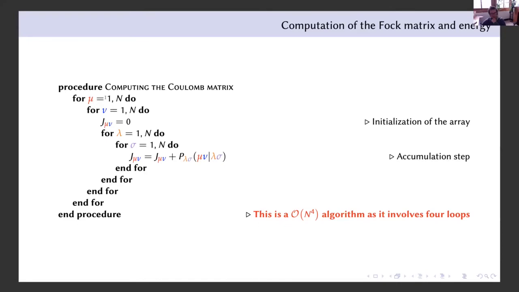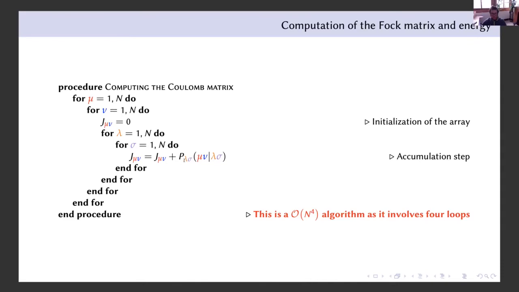So I'm going to do 4 loops. I'm not going to forget to put J mu nu equals 0 at the start so that I can accumulate that quantity. I'm not going to write it down, but don't forget that part, otherwise you're going to get rubbish. And I'm going to accumulate J.